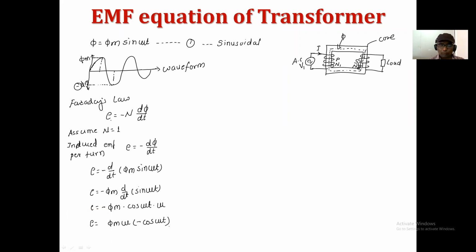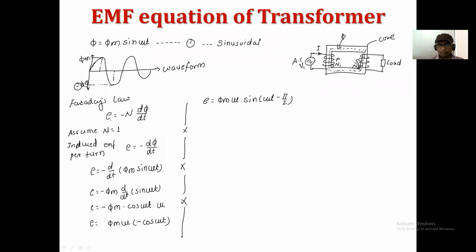And you might be aware that if I want to replace this minus cos omega t in terms of sine, then I can write e is equal to phi m omega sin(omega t minus pi by 2), which is nothing but minus cos omega t.